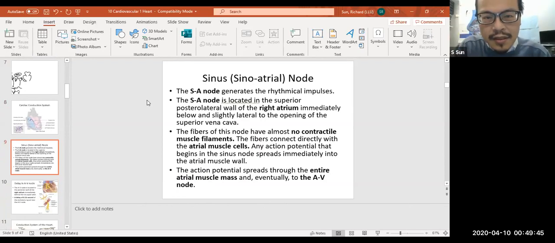The SA node is the major one to generate the pacemaker impulse.